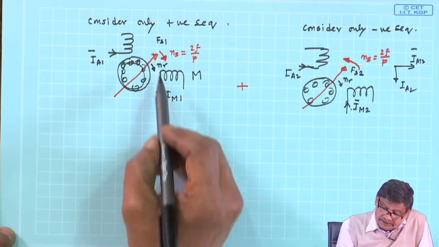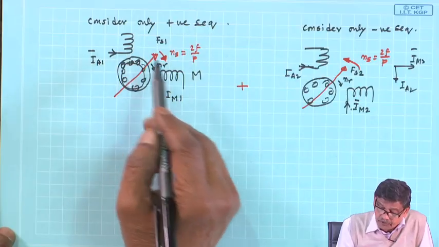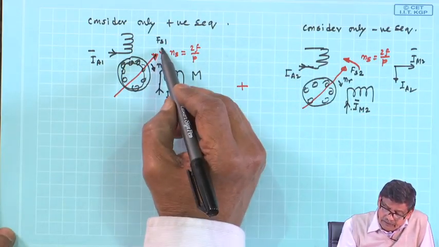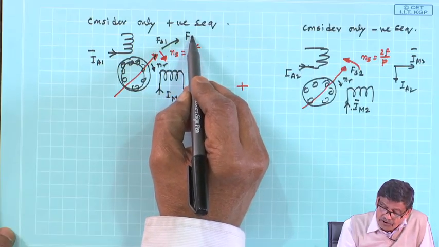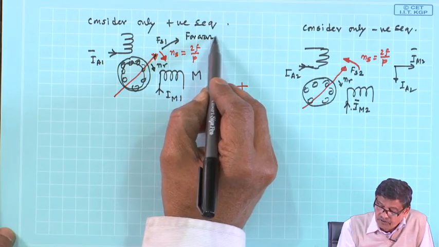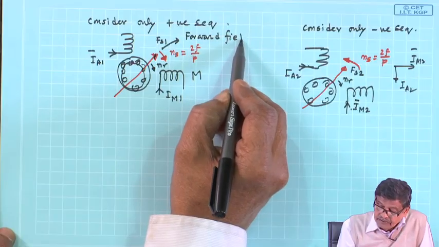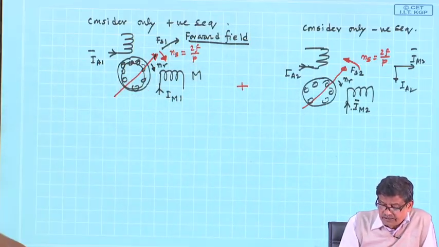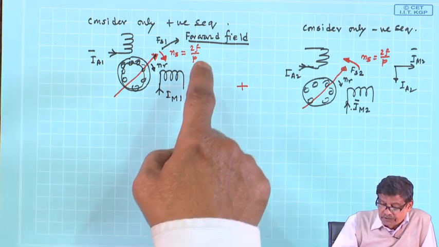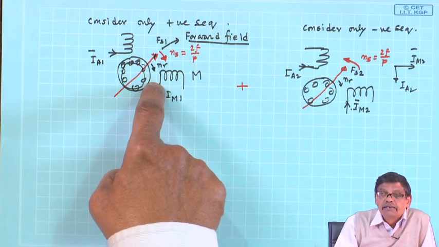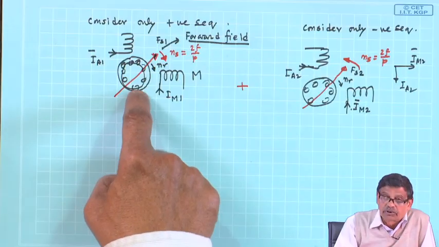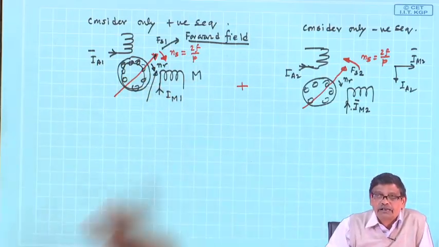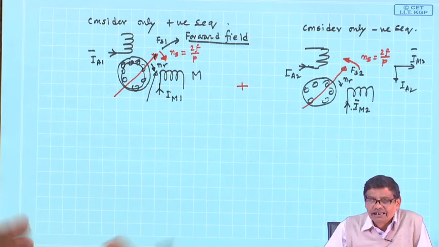So, instead of calling it positive sequence and negative sequence, we give this field a name: forward field. Which field is forward? The field whose direction of rotation is the same as the direction of rotation of the rotor that I have assumed. I am still not sure Nr will have some finite value or not.